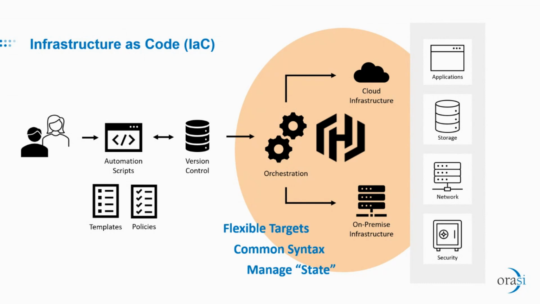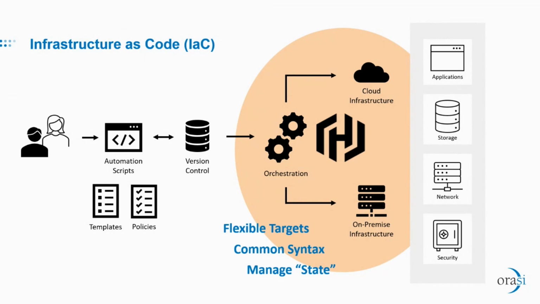If somebody makes a change in Azure directly for some emergency patch, I don't have to worry that my script is now out of date because it will automatically be corrected at apply time. So that's kind of the approach that HashiCorp has taken to all of their products, and they all fit into this model and provide that intelligent orchestration layer.